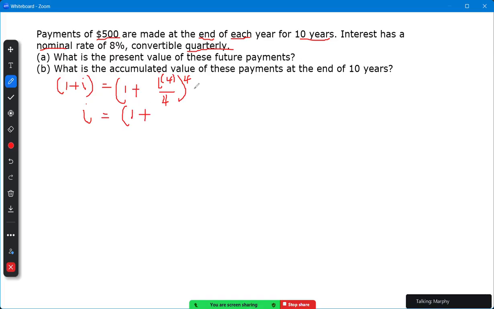All right, so we have I to be equal to 1 plus, now, the nominal rate is 8%, so this is going to be 8% divided by 4, raised to the power of 4, minus 1. Now, when I open this bracket, this 1 will move to the other side and it becomes minus 1.